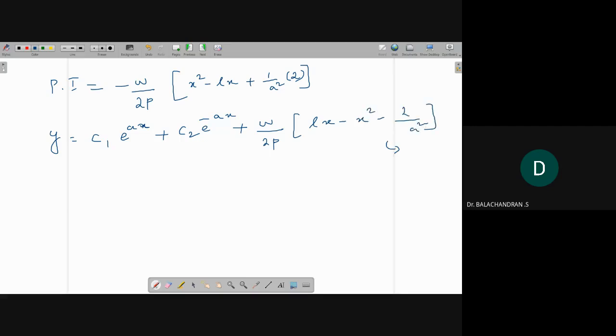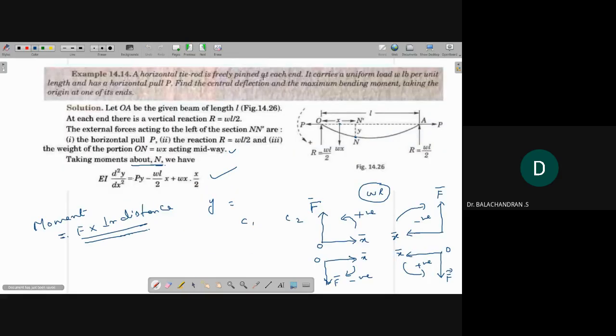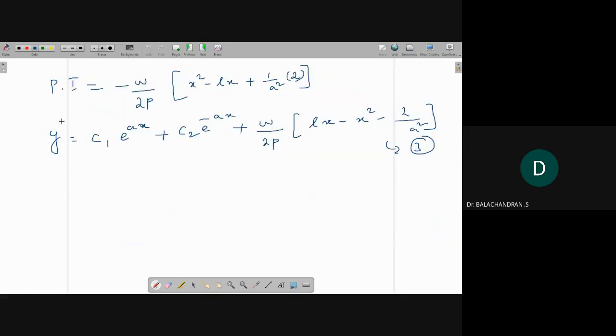So I call this equation 3. So now we need to find the values of C1 and C2 using the boundary conditions. So here the two ends are freely pinned.